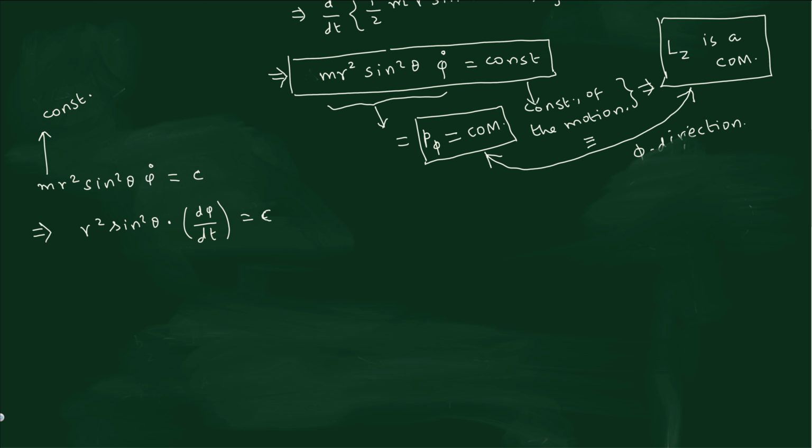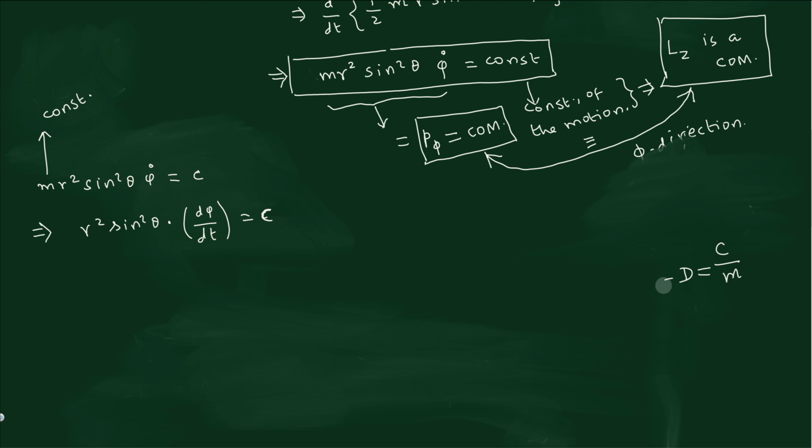For the constant, I'll once again write only c. You should not think that this m is missing, therefore you should write c by m. Let me write it here. When the mass is removed here, it apparently means that m has gone to the right hand side, and therefore you should get c by m. But c by m is just another constant d.